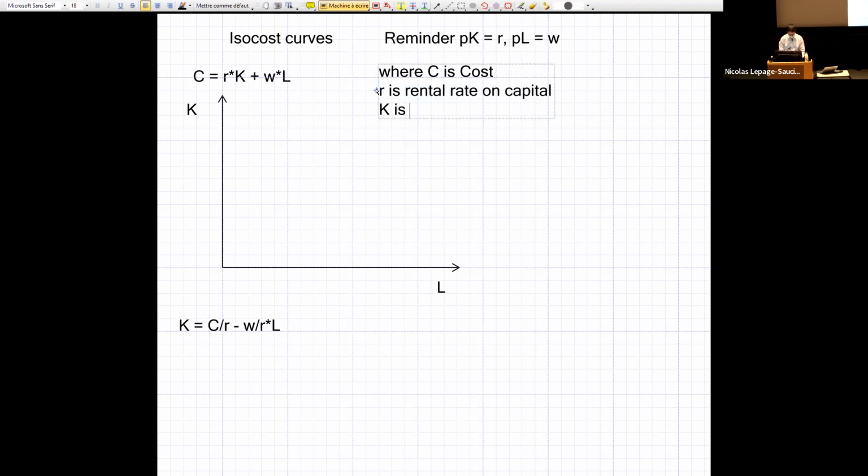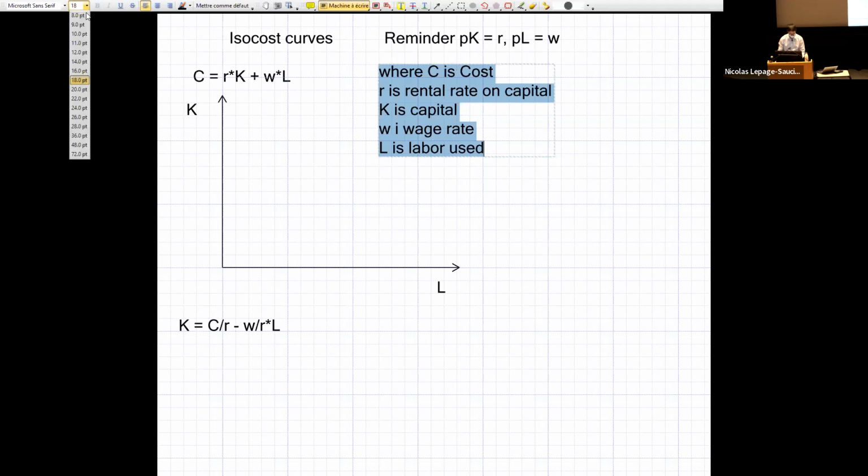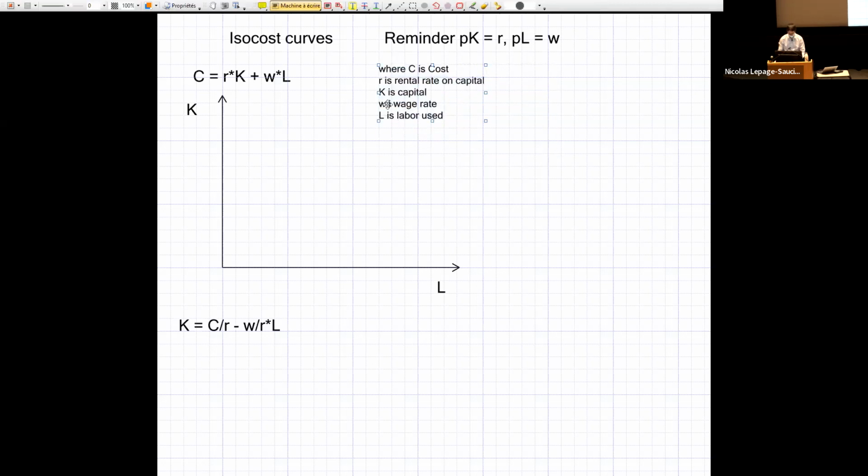K is capital. W is wage, and L is labor used. Let's put this a bit smaller. All right, so here you can really see that K is a negative function of L. And yeah, so it's going to look like this.